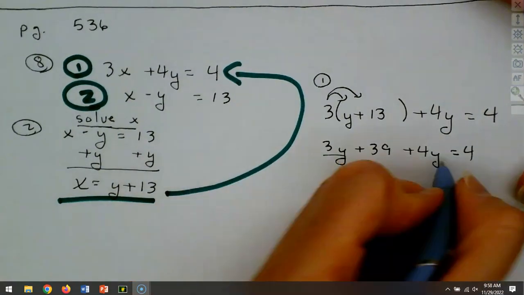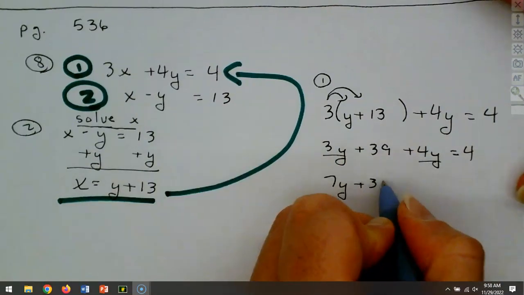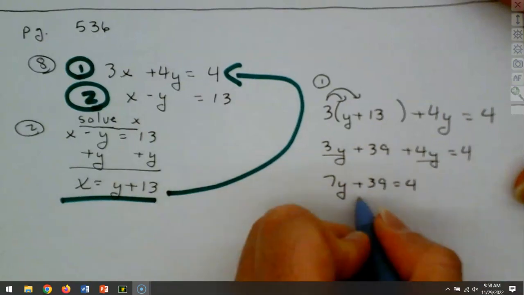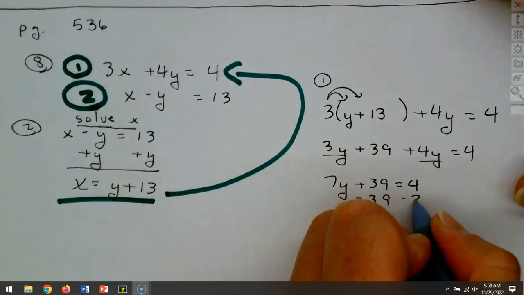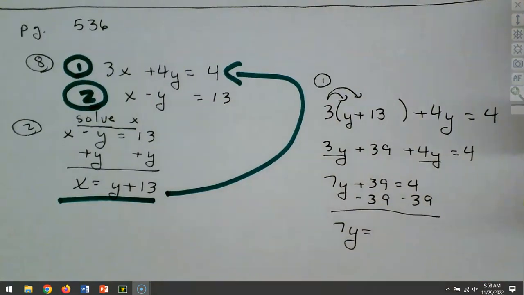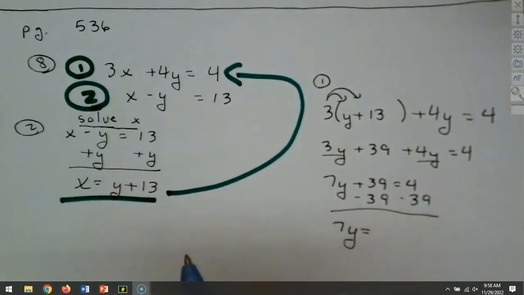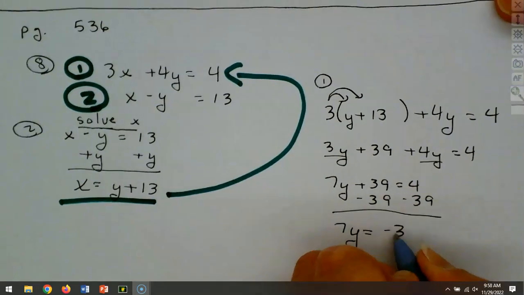So 3y and 4y makes it 7y plus 39 equals 4. We'll move that 39 over. And that gives you now 7y equals 4 minus that 39. And that gives you, watch your signs, a minus 35.